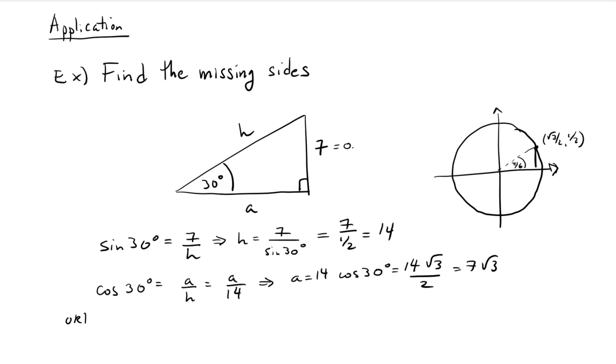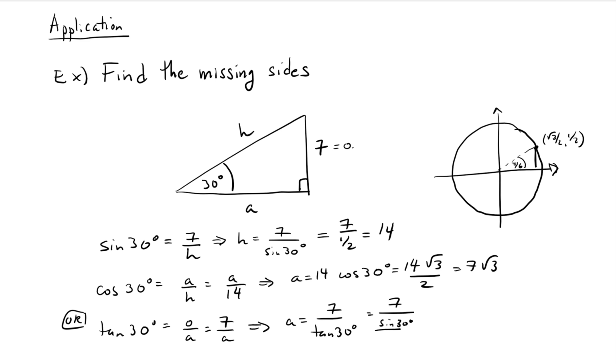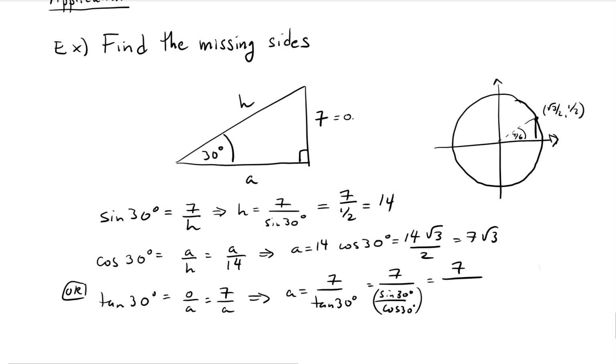Or, like I said, I could have used tangent. Tangent is opposite over adjacent. Opposite is 7, and adjacent is what I'm looking for, so I would solve for A. That would be 7 over tangent of 30. Tangent is sine over cosine, so this is where I would use the two numbers I have on my trig circle.